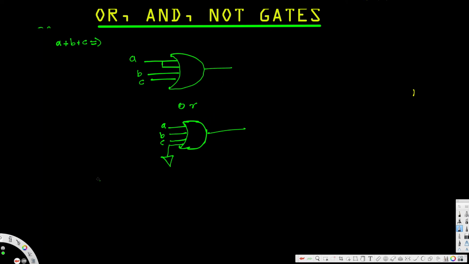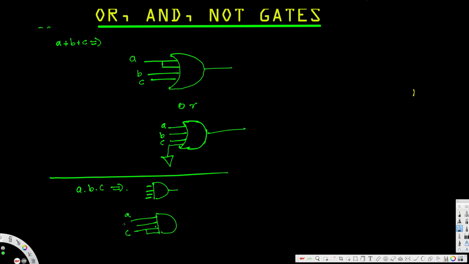Okay, now let's look at the AND gate. So you want to get A dot B dot C, and you have a 4 input AND gate. How can you make this one? Same thing: you connect the bottom one with this one and make this one like this. But for this one you cannot connect the input to the ground, because an AND gate works differently.